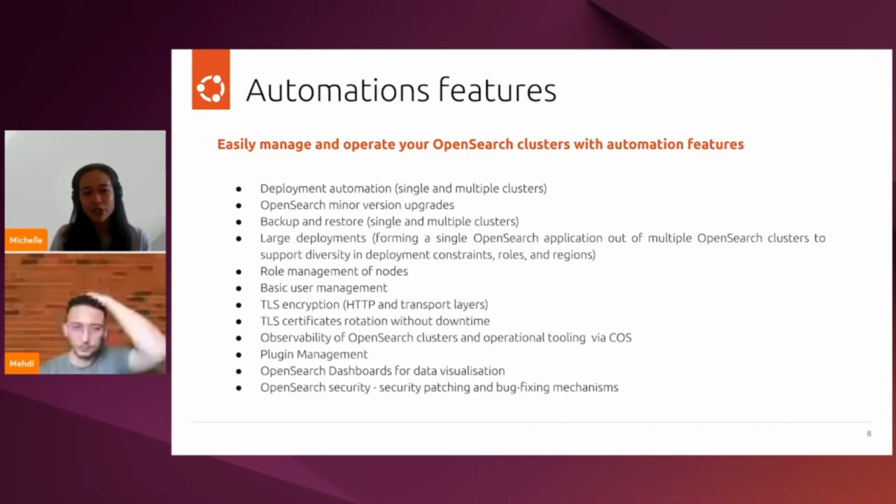So on Charmed OpenSearch, we automated the deployment, the upgrades, backup and restore, and the large deployment. We will discuss it in the next slide. Also basic user management, security such as TLS, and observability, meaning in production you want to know that OpenSearch is running nicely and will not suddenly stop working, with predefined notifications and alerts.